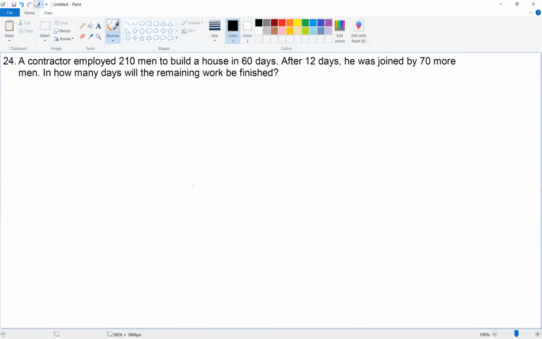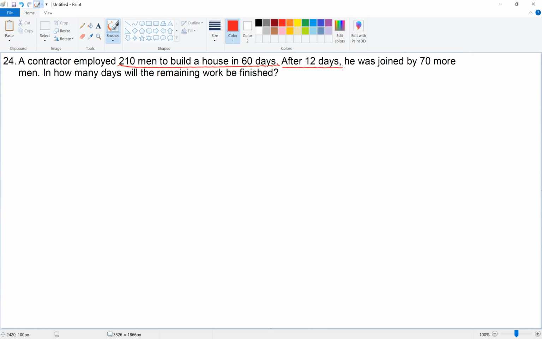Nandini, 24. I'll do this one. Can you read the question? It says a contractor employed 210 men to build a house in 60 days. After 12 days, he was joined by 70 more men. In how many days will the remaining work be finished?